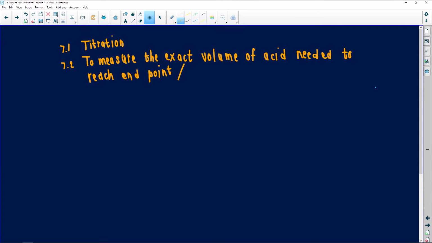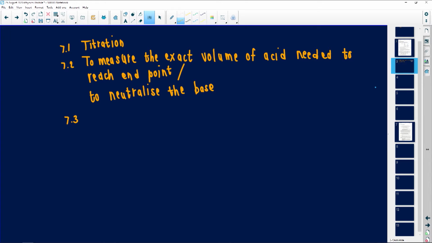You can also say to neutralize the base. Endpoint, which is to neutralize the base. So once we've reached endpoint, we are then able to say how much volume was then actually used. Let's look at 7.3.